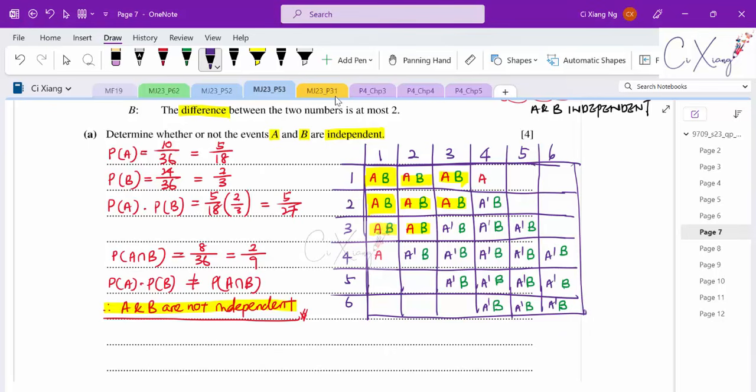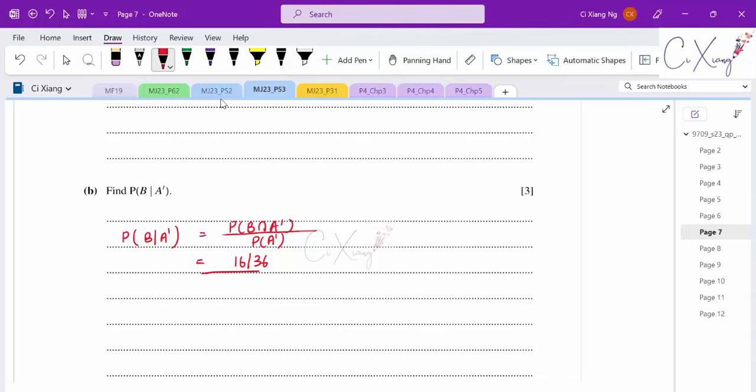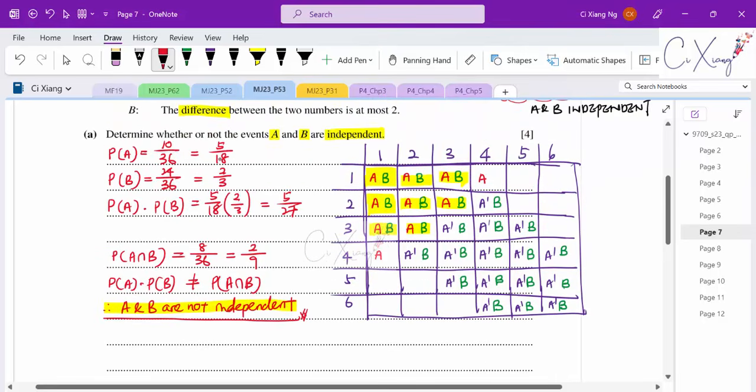So it will be 1, 2, 3, 4, 5, 6, 7, 8, 9, 10, 11, 12, 13, 14, 15, 16, right? Therefore, we have 16. So 16 over 36 divided by the probability of A prime. Just now we got the probability of A, which is 5 over 18.